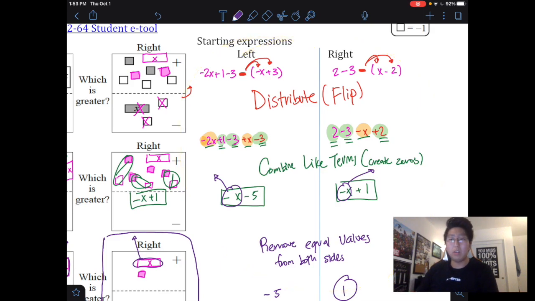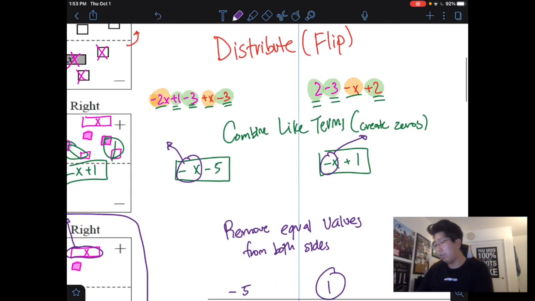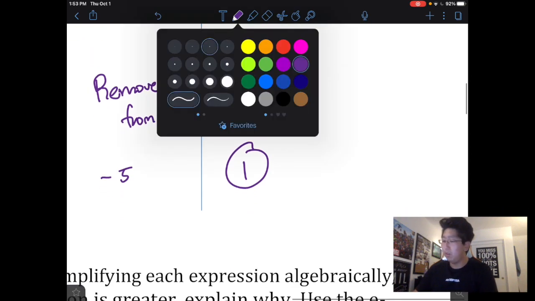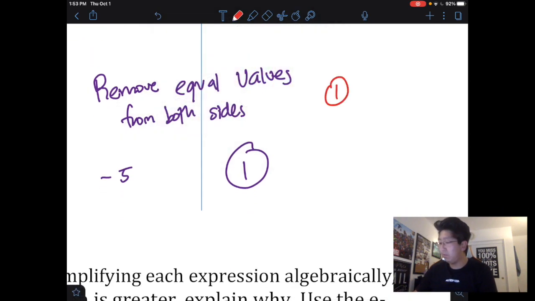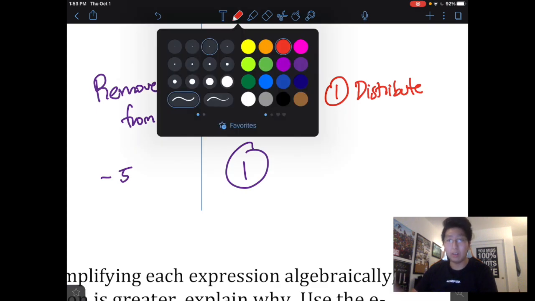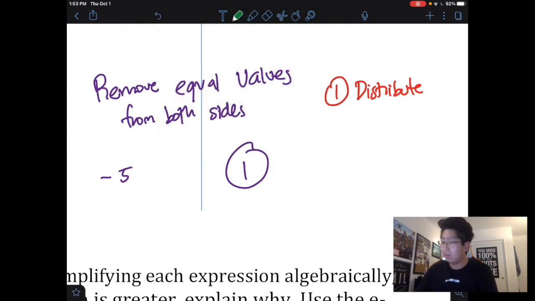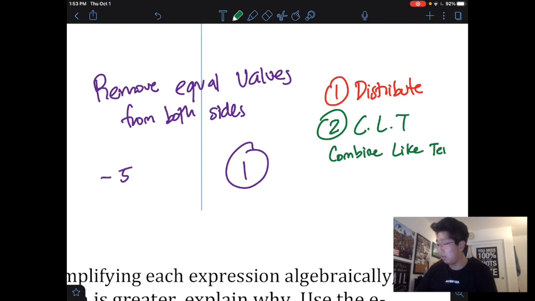So I'm going to give you steps that you can always do. The first thing you can always do is distribute, right? And that's the same thing as flipping the tiles or taking the opposite land and getting the things out of opposite land. The second thing we can do is CLT, which is the same thing as combine like terms.